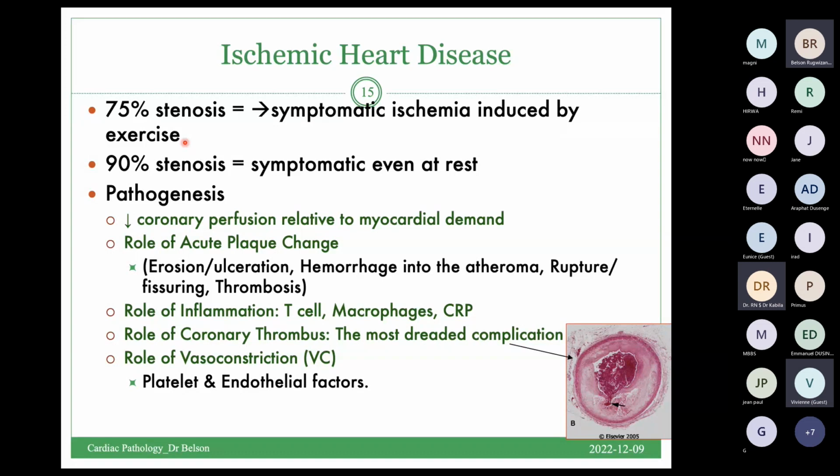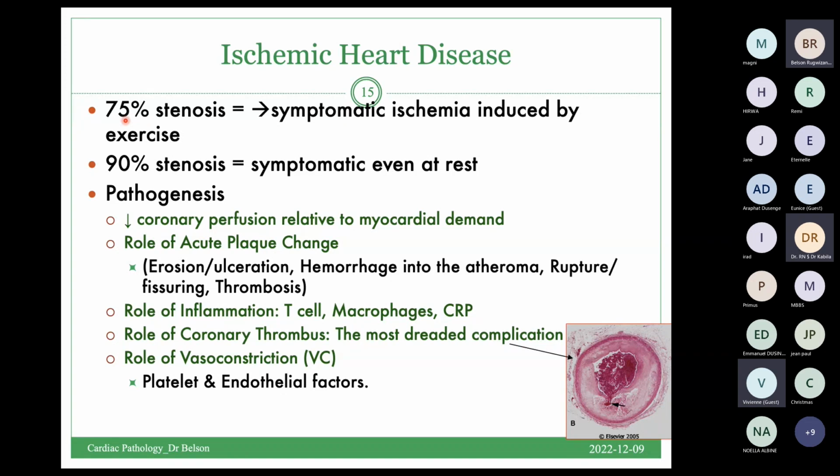When it is more than 75%, these are symptomatic even at rest. Otherwise, when it reaches 75 percent, he will have symptoms when he does exercises or when he lifts things, so when he uses force, that is when it will be symptomatic. Otherwise, a person will be symptomatic even at rest when the stenosis, when the vessel is occluded up to 90%.